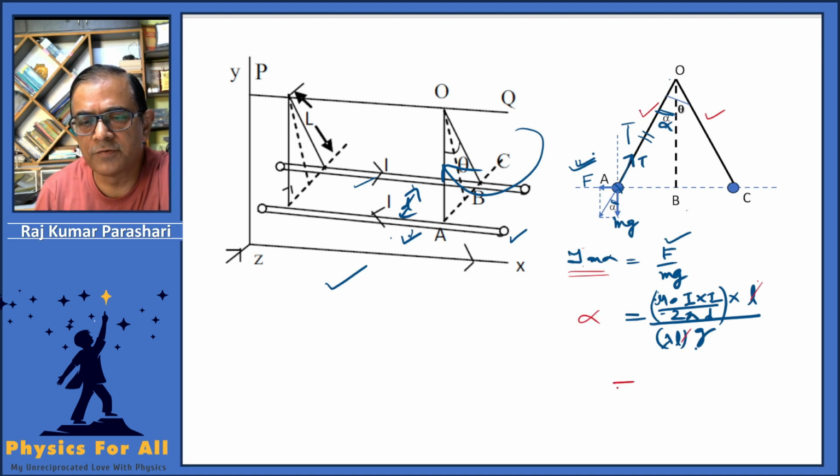So we are left with mu naught I square upon 2 pi lambda d into g. This implies that theta by 2 is equal to mu naught I square upon 2 pi lambda d into g.